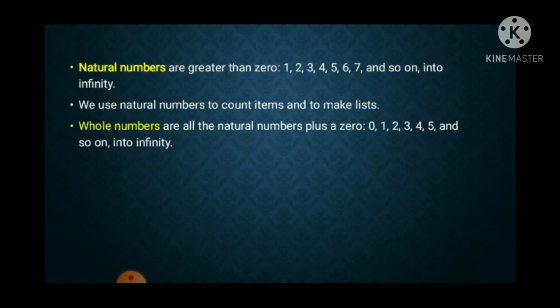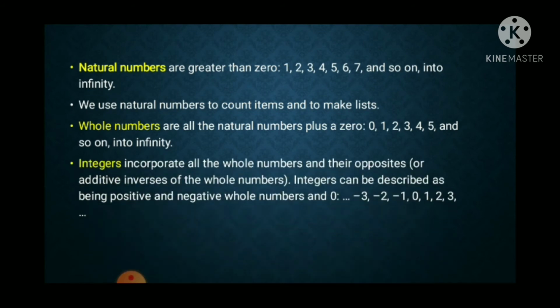So, 0, 1, 2, 3, 4, 5, and so on into infinity are its example, right? Integers is the whole numbers and their opposites. The additive inverse of the whole numbers. Integers can be described as being positive and negative whole numbers. Example, negative 3, negative 2, negative 1, 0, 1, 2, 3. Right?